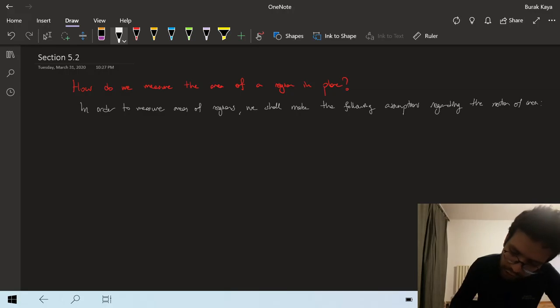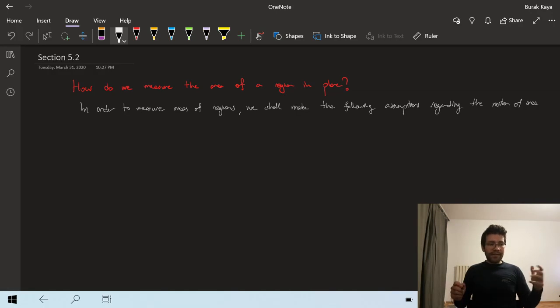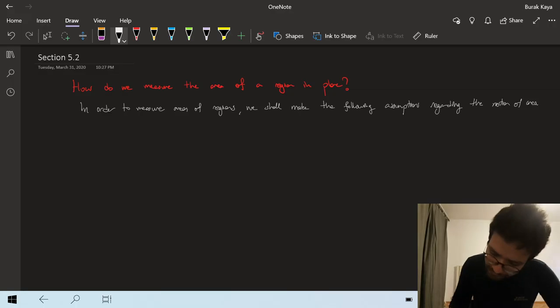Just like a 1 meter bar in Paris is my starting point to measure everything else, what I'm about to list down will be my starting point to measure areas of regions. These are my assumptions.